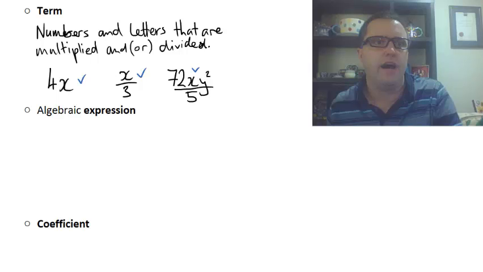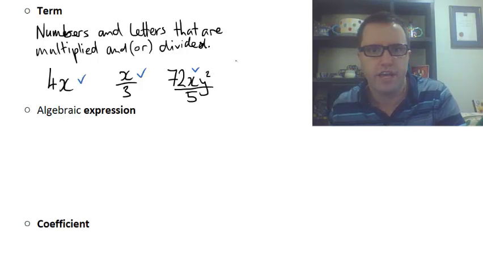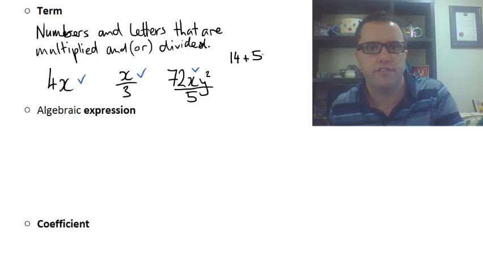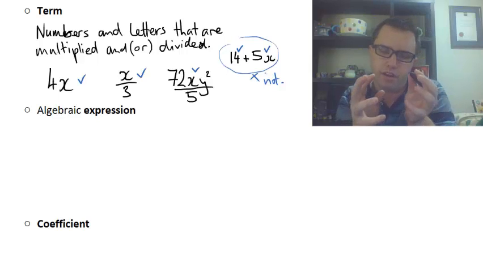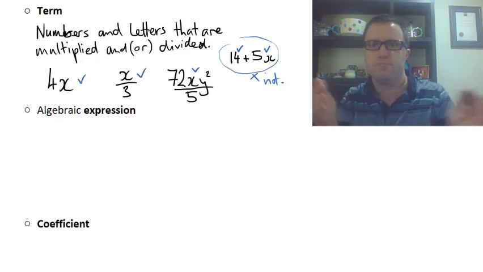This, however, is not. If I was to have 14 plus 5x, that whole thing is not a term, but the individual pieces, the 14 and the 5x, are. That's important. Terms are kind of like the little building blocks of our expressions and equations.